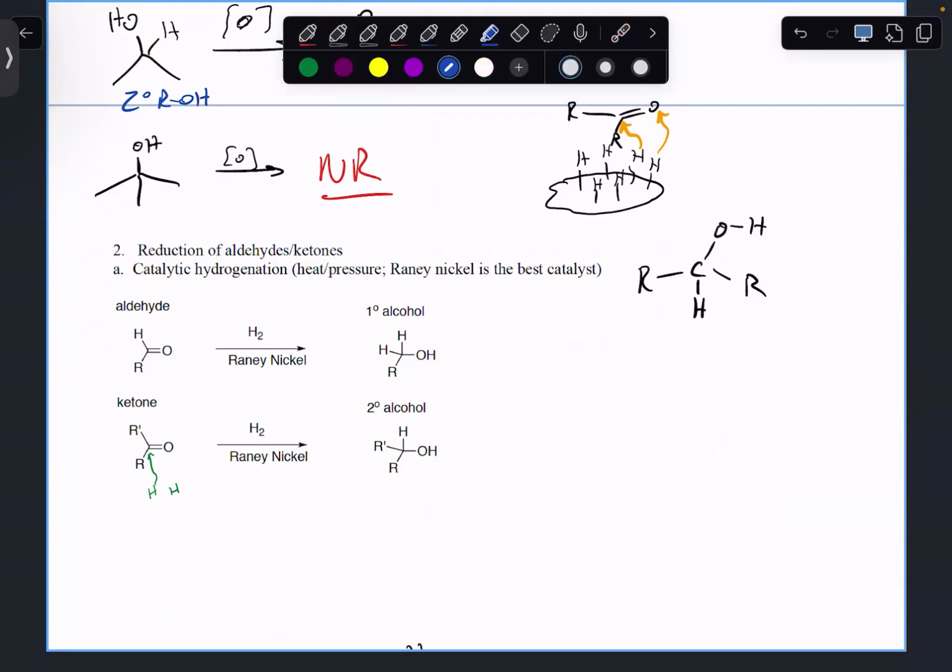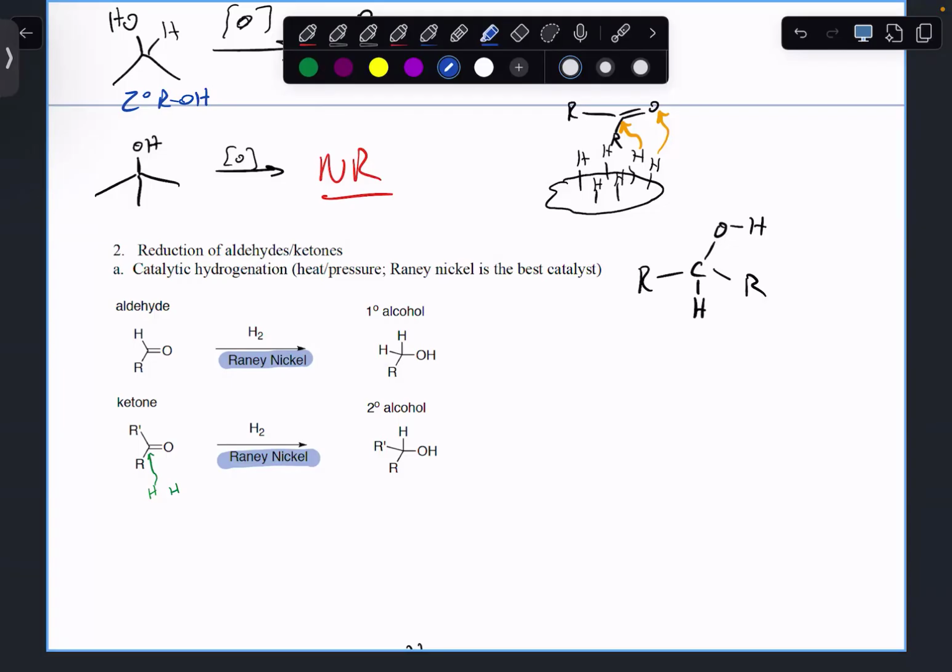Now, the only difference here that you can really recognize with the catalytic hydrogenation of these carbonyls compared to the alkenes and alkynes is in the catalyst. Back when we did alkenes and alkynes, the catalyst was usually platinum and palladium. When trying to reduce carbonyls, the bonds are stronger and they require a more active catalyst.